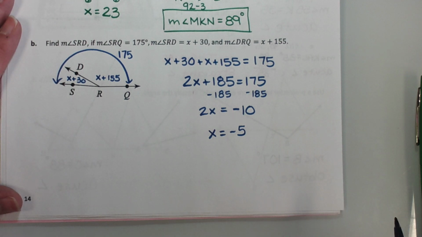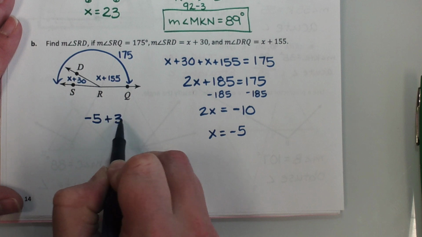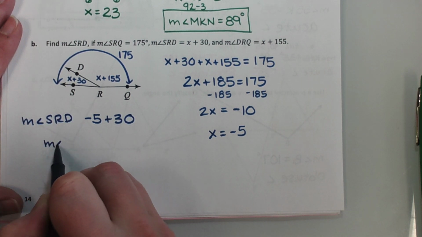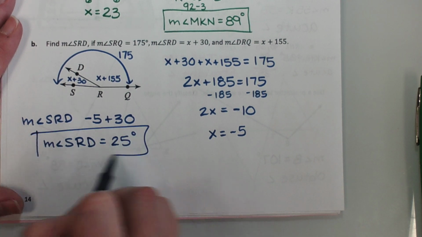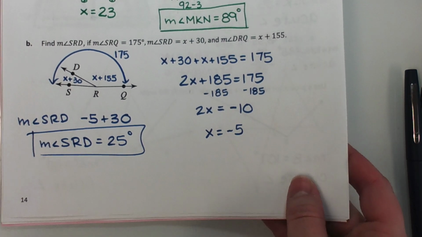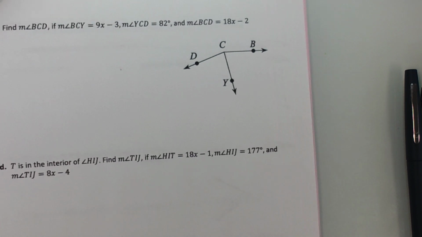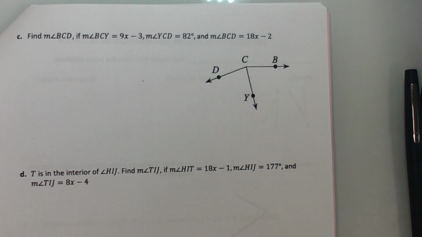SRD, so x plus 30 is now negative 5 plus 30. What's negative 5 plus 30? 25 degrees. Try out question C on your own.